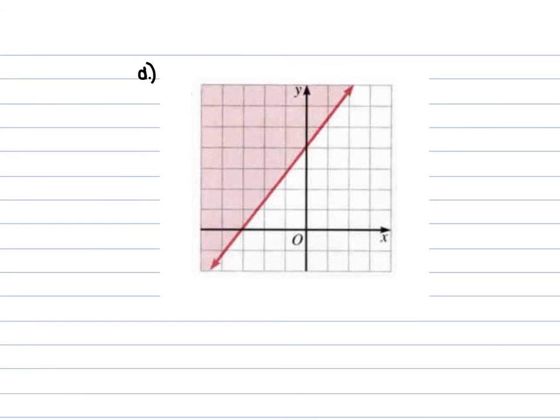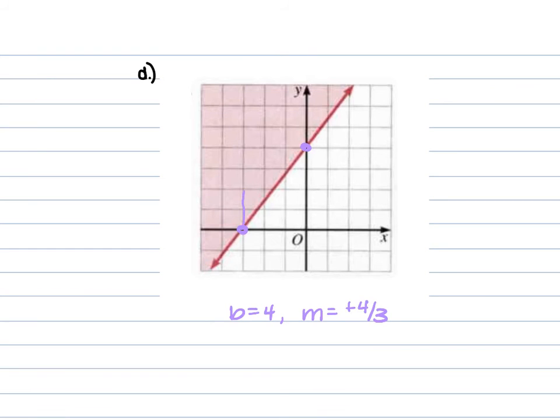For D, we have a y-intercept of 4, so our b is 4. Our slope, we're going up 1, 2, 3 over 2. We can also go down 1, 2, 3, 4 over 3. So that's positive 4 over 3. So we're looking at this point and this point.